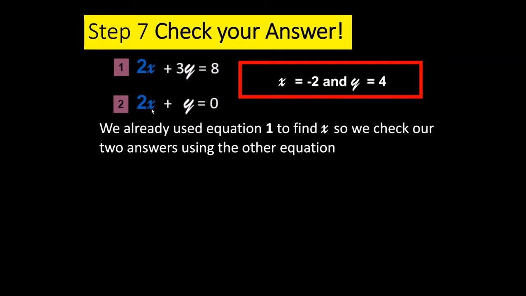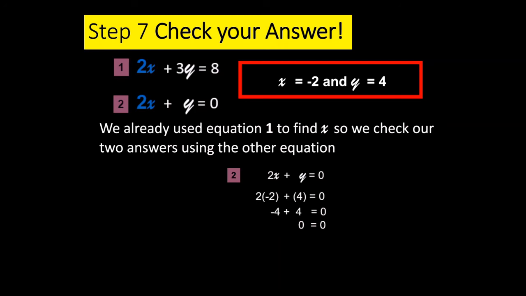How about if I substitute negative 2 in for x and 4 in for y in equation 2? Using brackets, I've replaced the x with negative 2 and I replaced the y with 4. Let's work this through. A 2 in front of negative 2 in brackets means multiply, not subtract. 2 times negative 2 is negative 4, and negative 4 plus 4, that is 0.